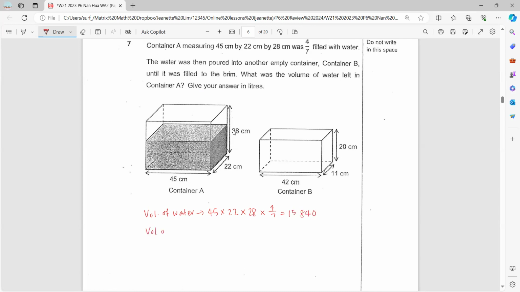Then next, the volume of B will be 42 times 11 times 20, which is 9240.